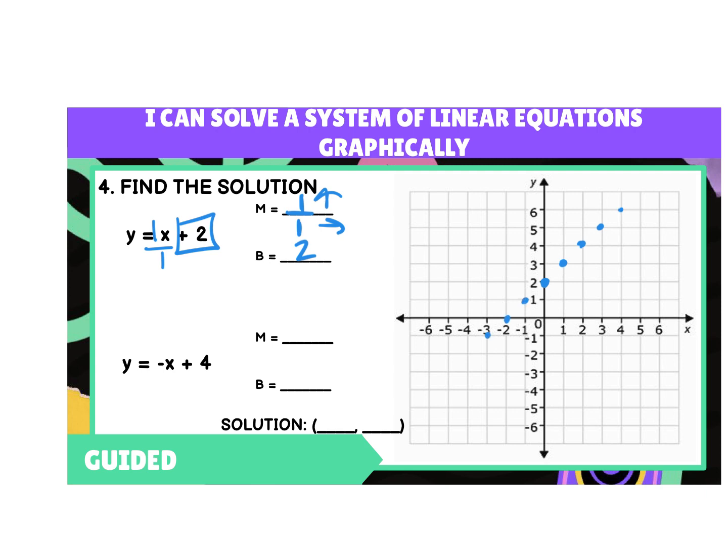I'm going to draw more dots on this one just because I don't know where they're going to intersect. And then in the second case, we have -1/1, which means I'm going to go down 1 to the right 1, but I'm going to start this time at +4.